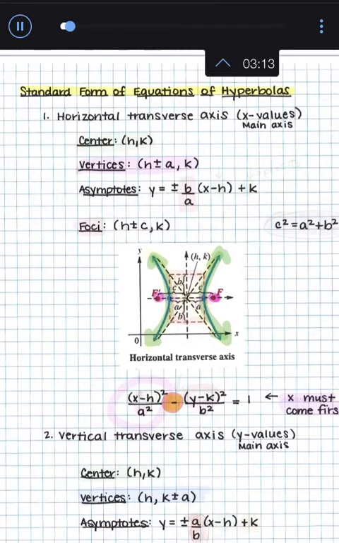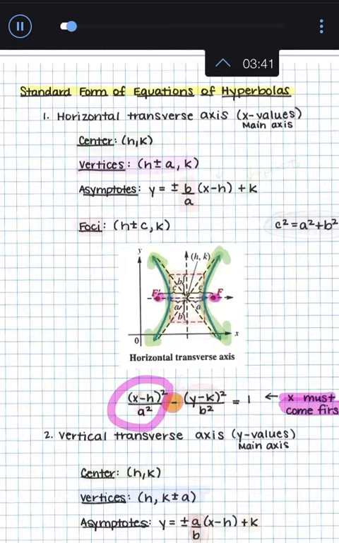They're going left and right. The reason being is because x is going to be our major axis, which is why the x is coming first in your equation. So whichever one comes first before the minus sign is your major axis. It's not necessarily which one's bigger or which one's smaller like it was with the ellipse.